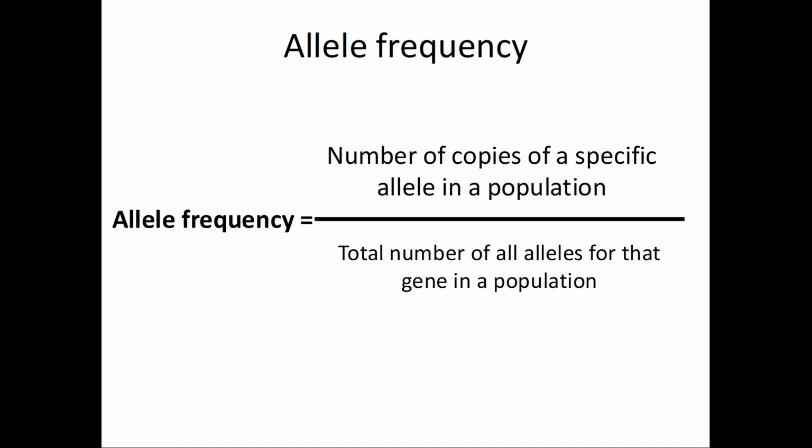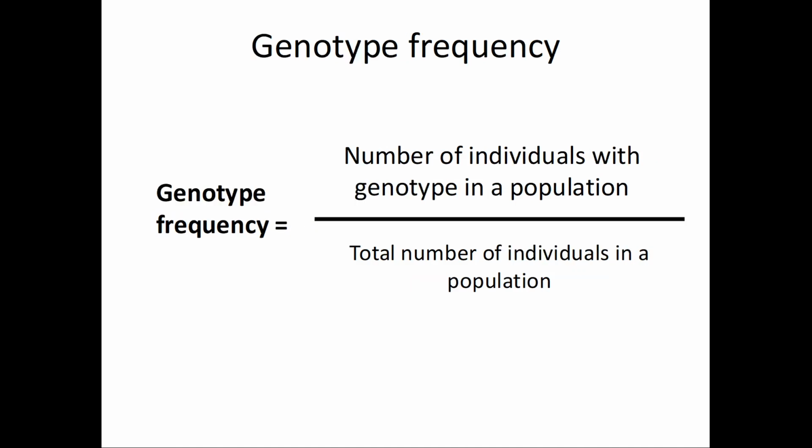So basically the idea is how often does this allele occur in a population over the total number of possible alleles that could occupy that locus on the chromosome. And genotype frequency, that's the number of individuals with a particular genotype in a population over the total number of individuals in a population. So how often do we see a particular genotype in a particular population?